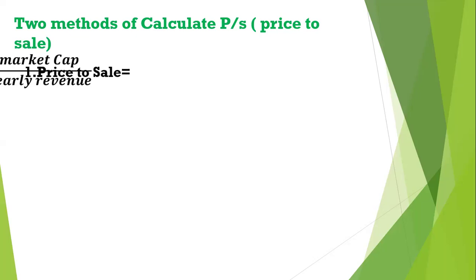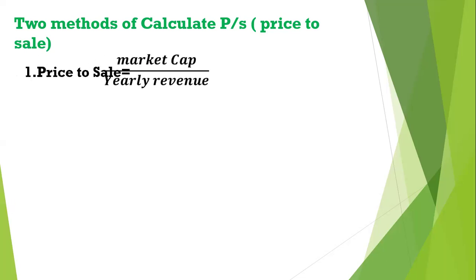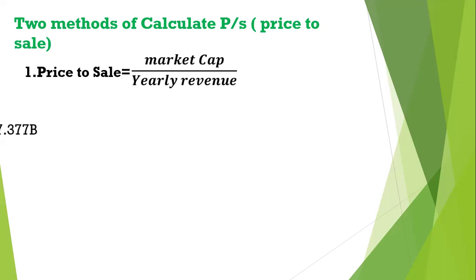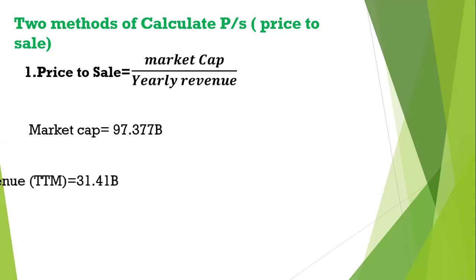You just get the market cap of the company and the yearly revenue and divide, put your numbers there, and you can now interpret it and see whether this company is expensive or not. At this moment, you get that price to sale ratio value, but if in the future you see the ratio has reduced, it means that company is now undervalued.